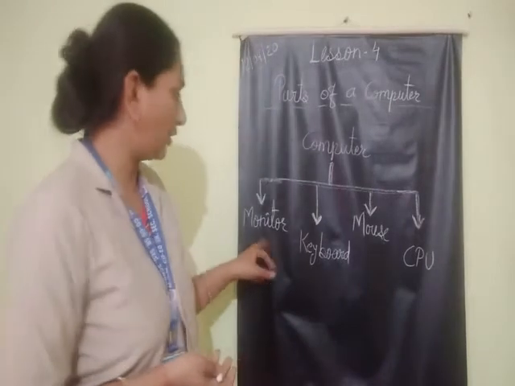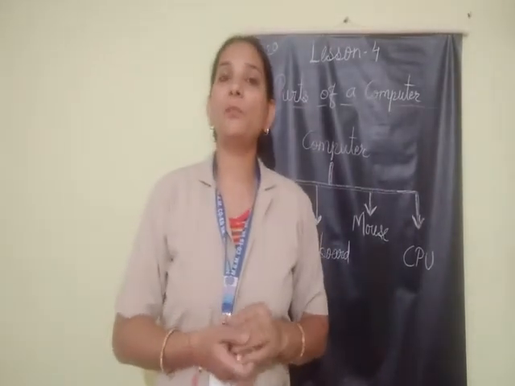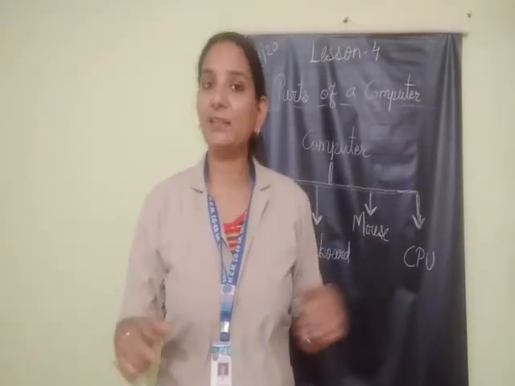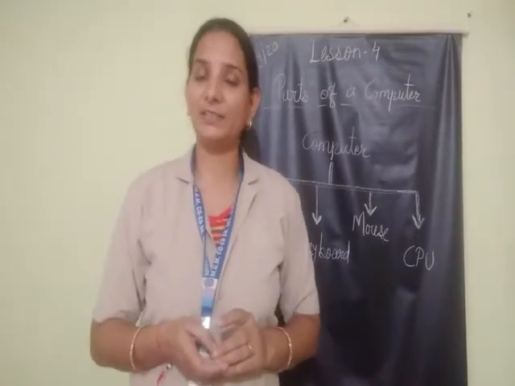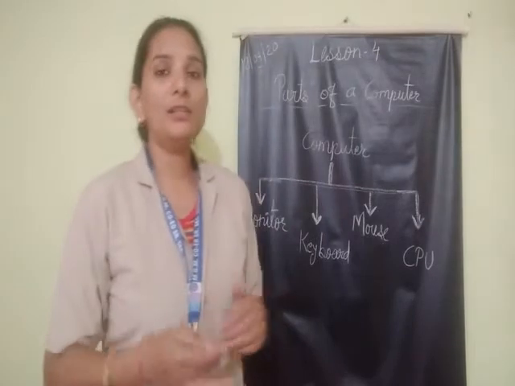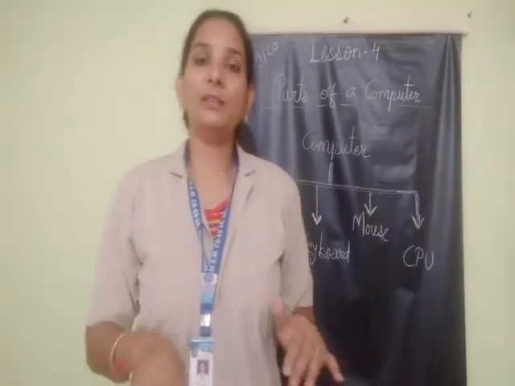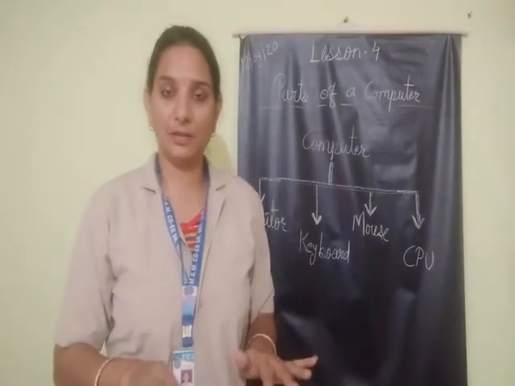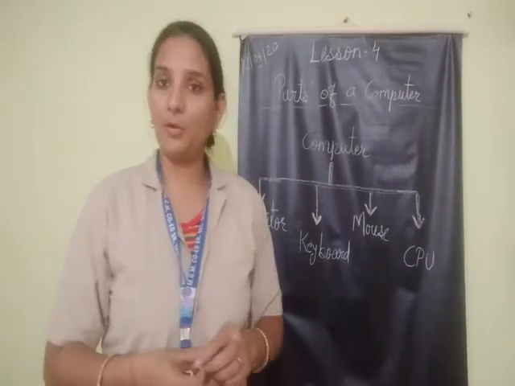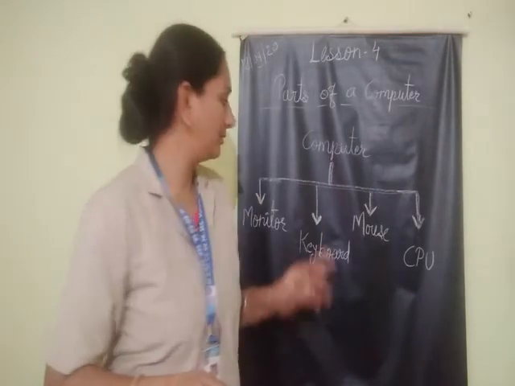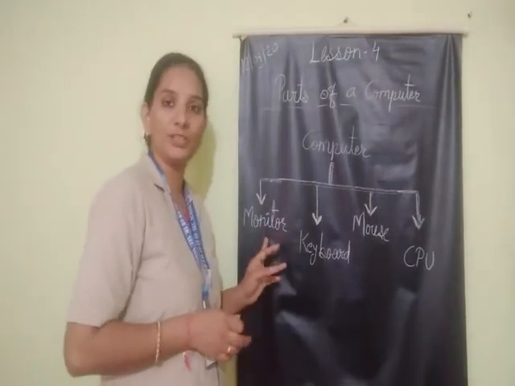So first is the monitor. Children, a monitor looks like a television. All the work that we type by the keyboard, or all the drawing that we draw by the mouse, we see all of that on the monitor.